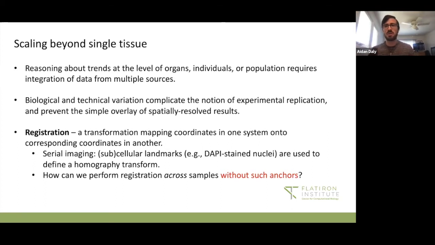But if we're performing this across samples, even if we have these DAPI nuclei, if we're trying to register one nucleus onto another, there's no real one-to-one correspondence. We don't have these cellular markers to rely on.